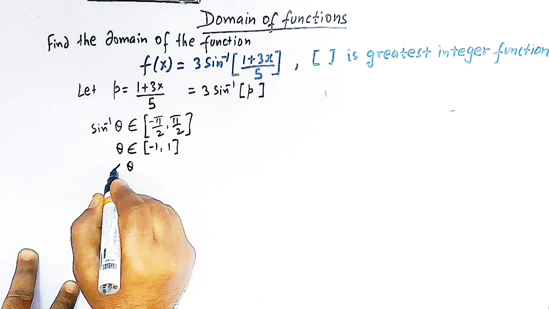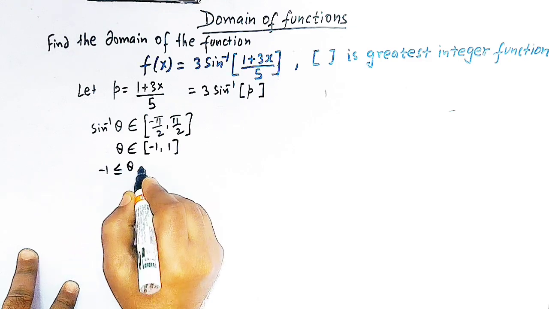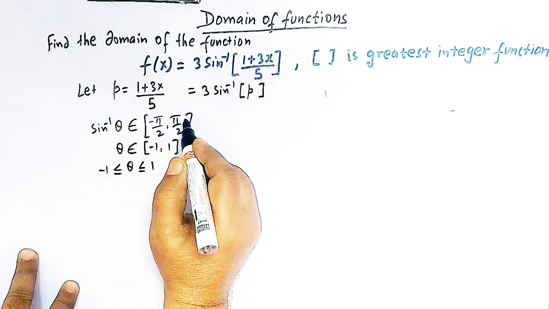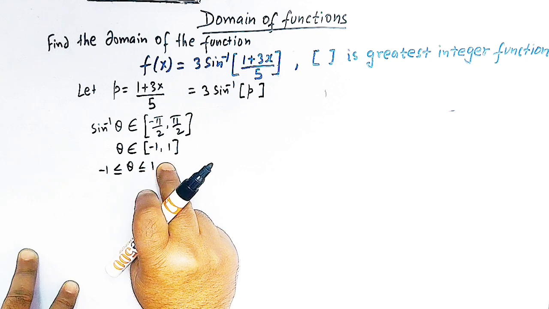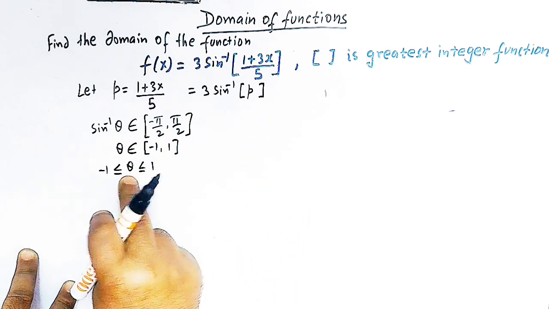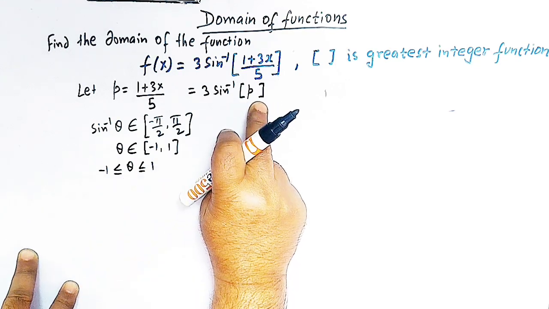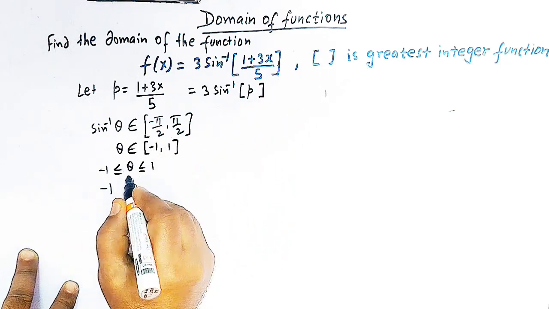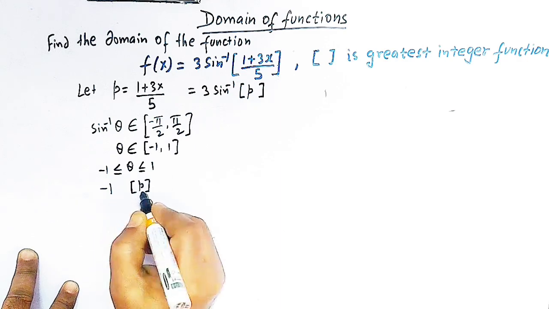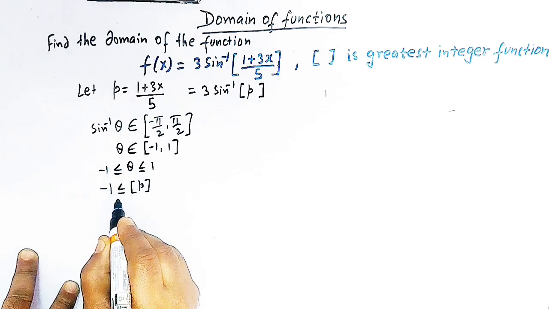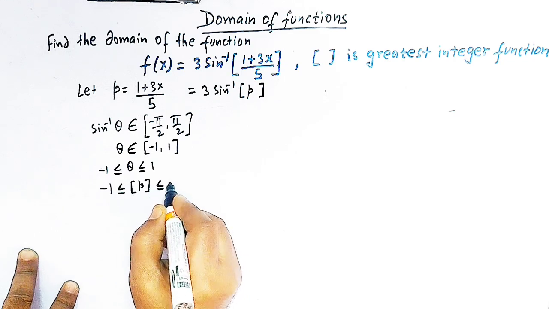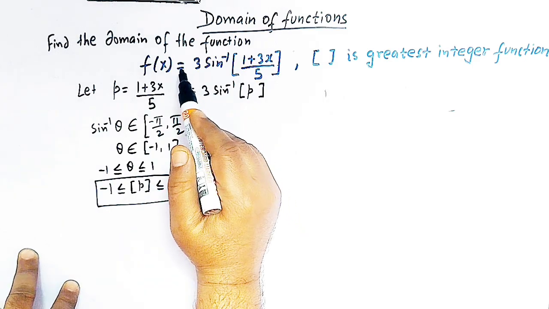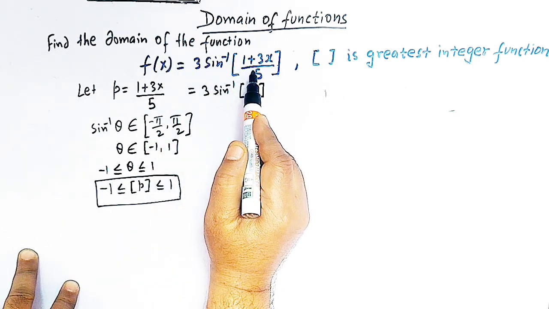So theta is greater than or equal to minus 1 but less than or equal to 1. Here theta is the greatest integer of p, so the first condition is that the greatest integer of p should be greater than or equal to minus 1 but less than or equal to 1.